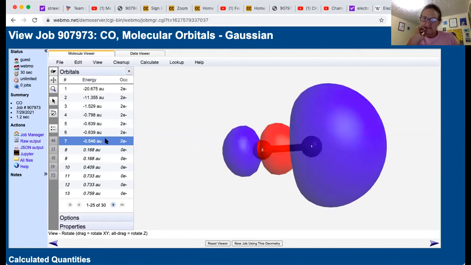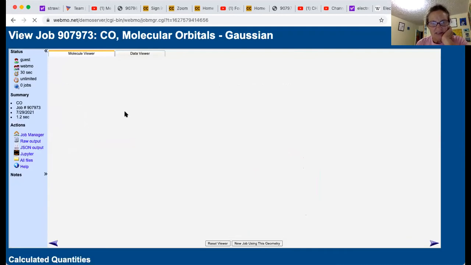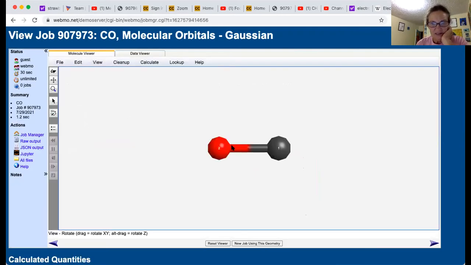This one is the easiest to see. This is a sigma bonding, but what you notice is that there's a much greater electron density on atom number 1. We can go back up to that job to realize which atom number 1 is.